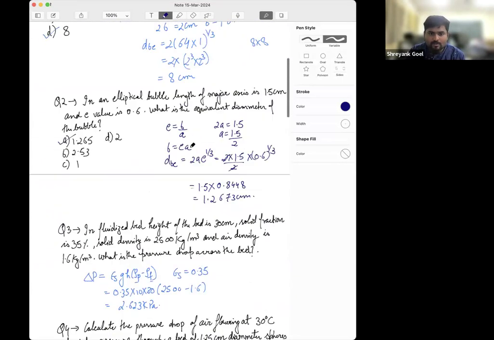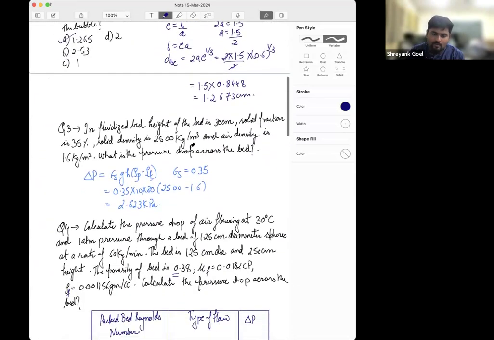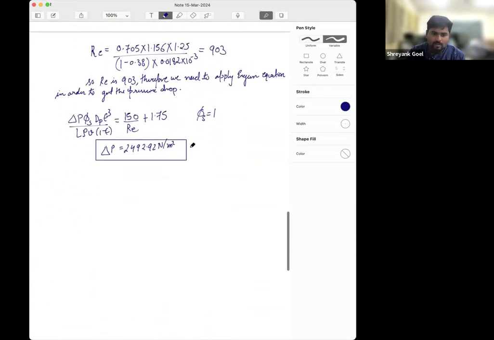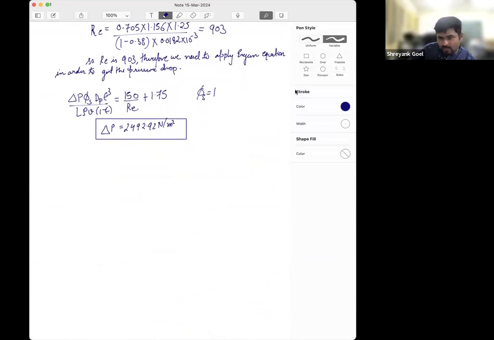Okay, so I think I have done some of the numericals that are important according to this week. Now let's look at some of the conceptual MCQs.